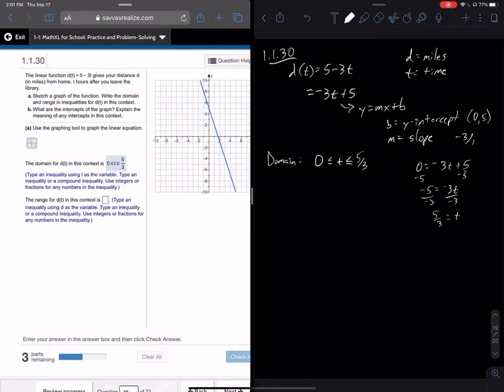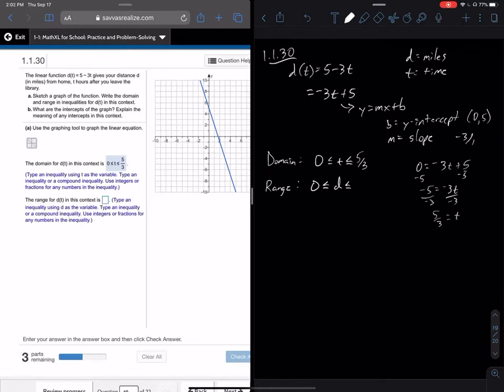Again, they're looking for the context of this problem. So my range, again, we want minimum and maximums. The lowest value my range can be, we only care about positive numbers. Range is, we're talking in terms of miles. So positive numbers, the lowest it's going to be is 0. It's going to be less than or equal to d, which is less than or equal to, what is the max we're going to have?